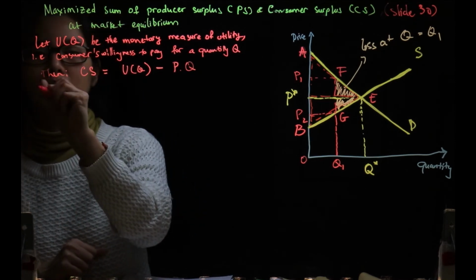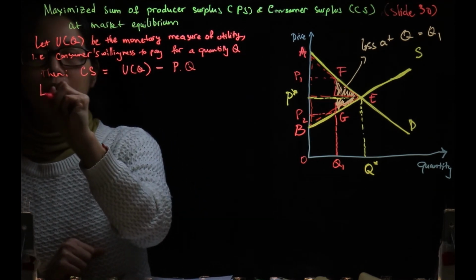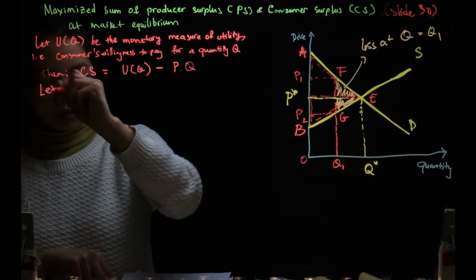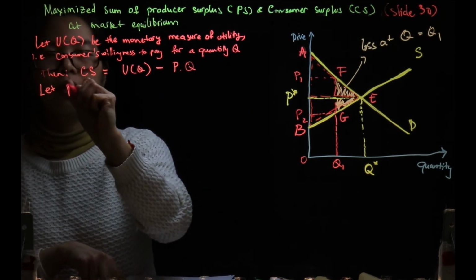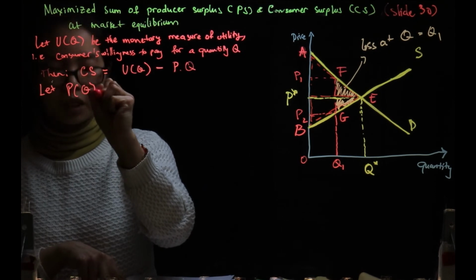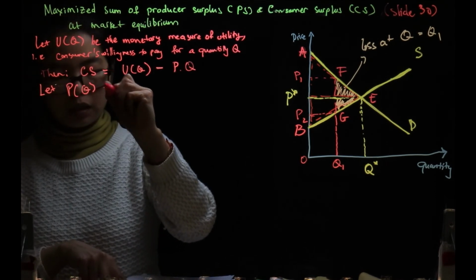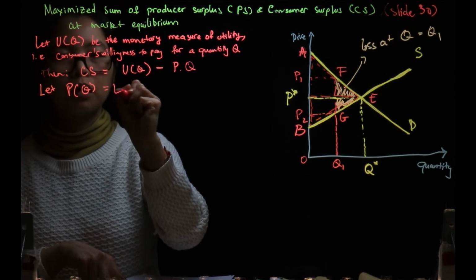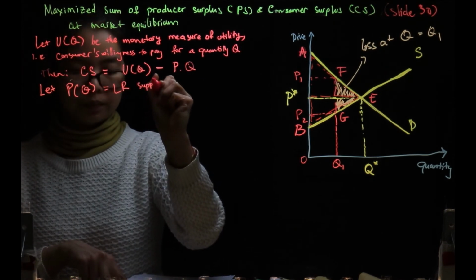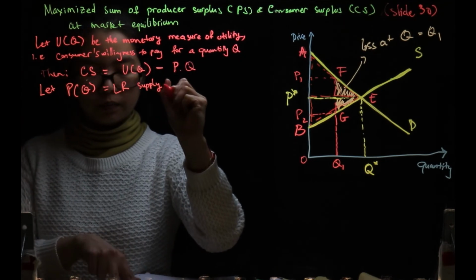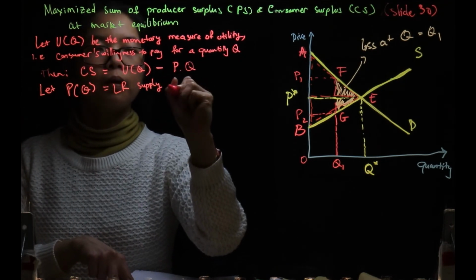That's the consumer surplus. Now similarly, we also can have P as a function of Q, which is the long run supply curve of firms.